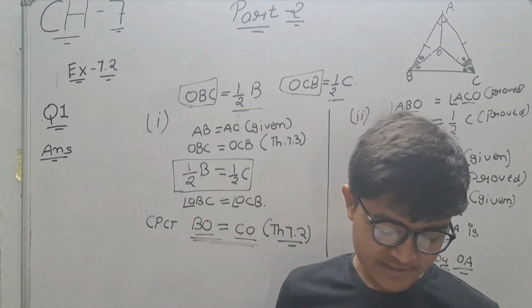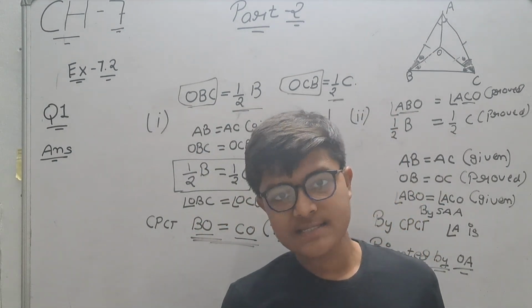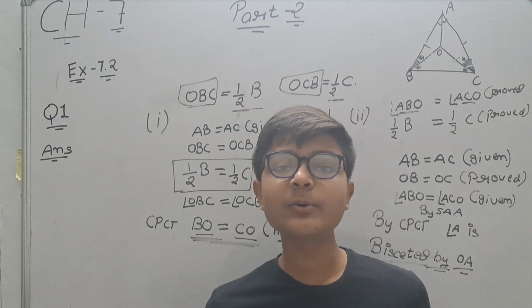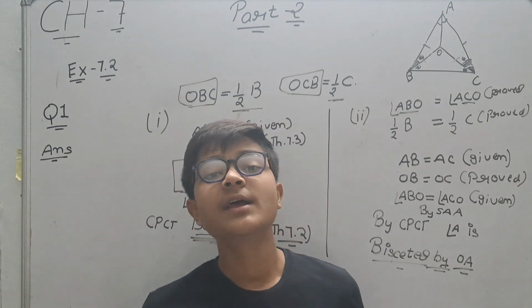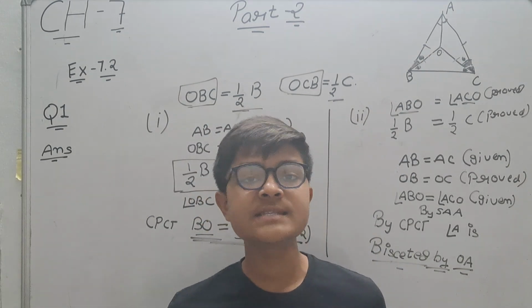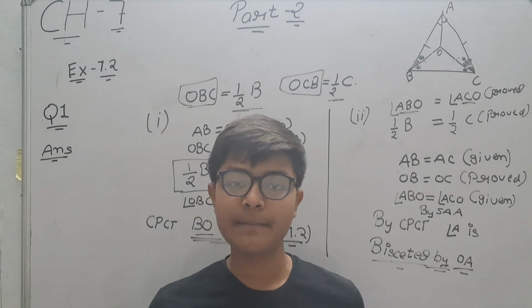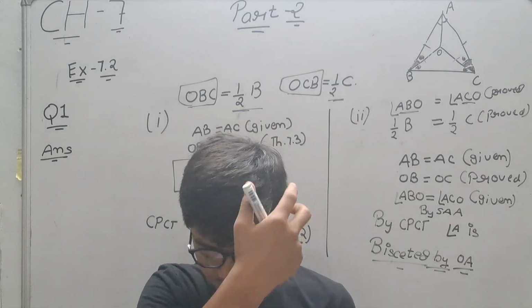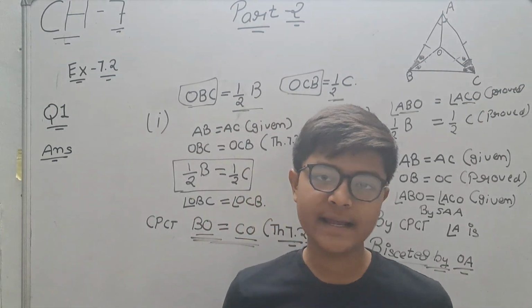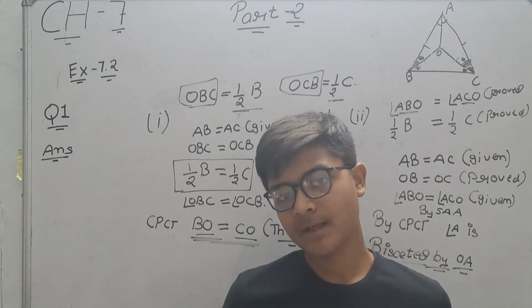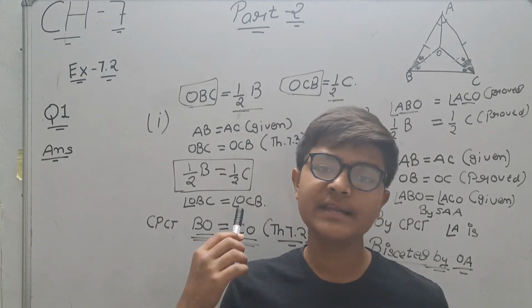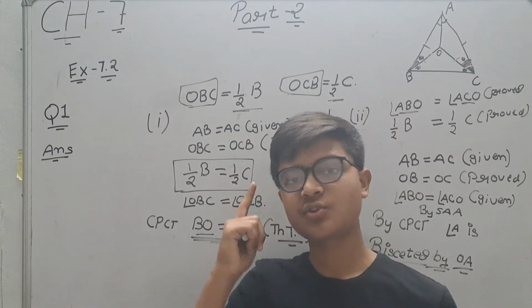That is what it was saying: if two right triangles have their hypotenuse and one side equal, then they are RHS congruent. Okay, right angle hypotenuse rule.